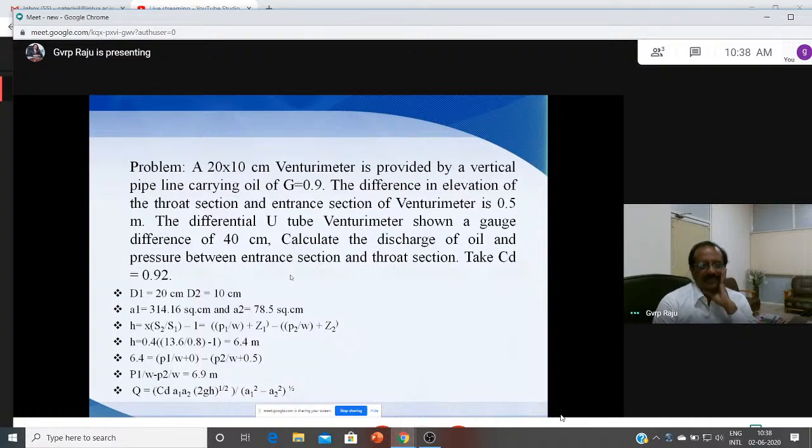So the pipeline carrying oil of specific gravity 0.8, let us see.